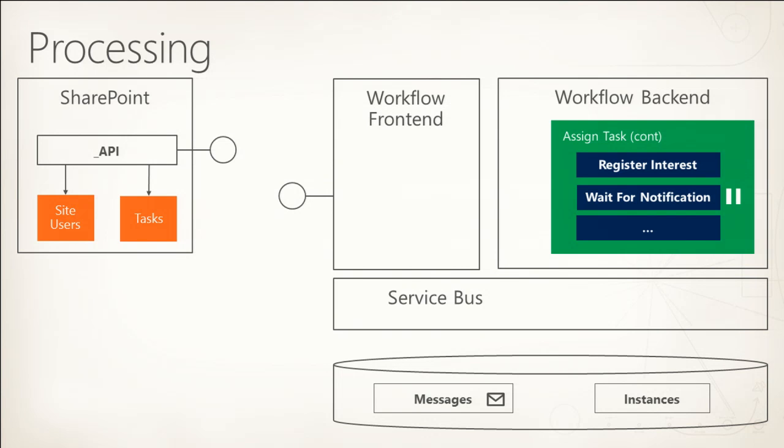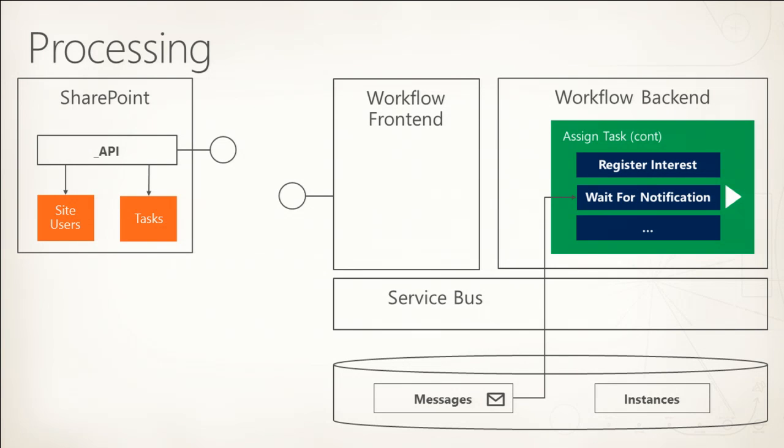And now this is where the loosely coupled processing in Workflow Manager kicks in, where the service bus is going to look at its rules and figure out which workflow instance it needs to activate based on the notification subscriptions that had been created.